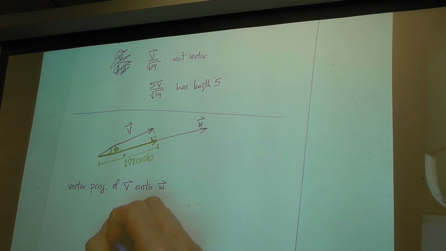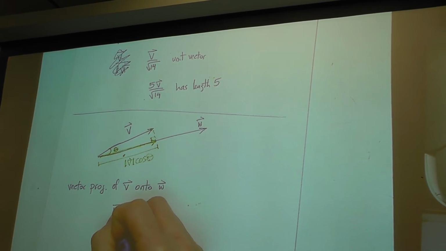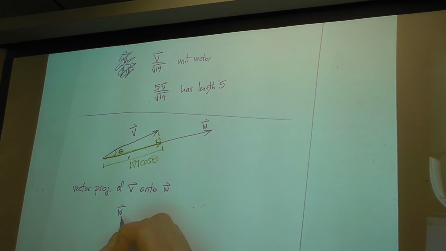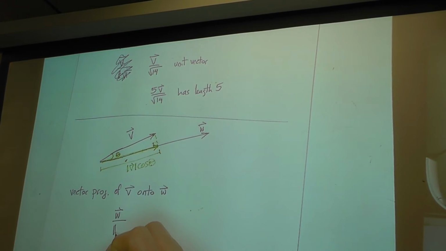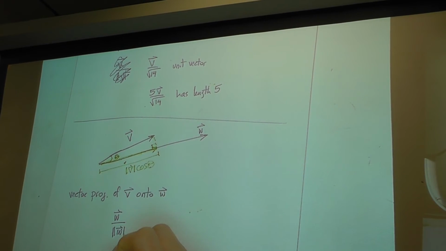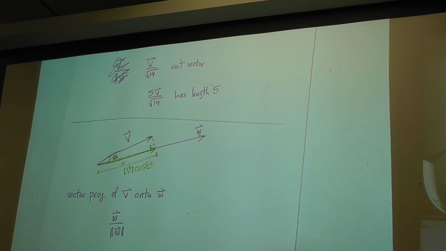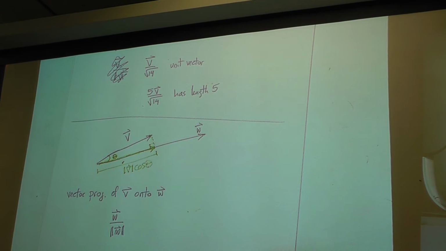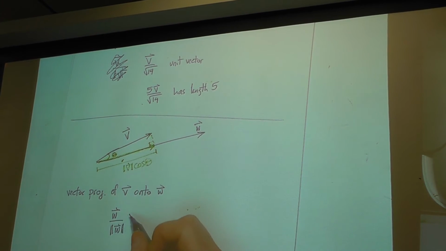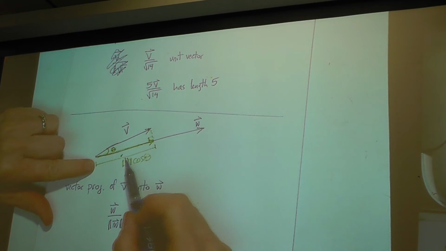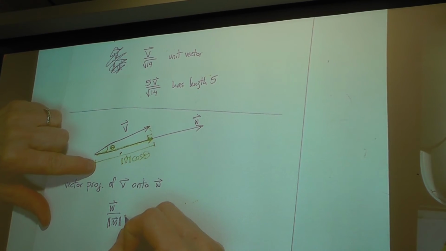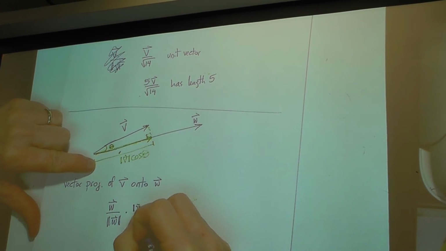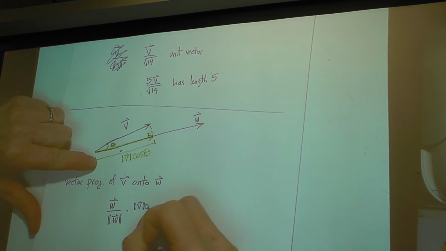So what I'm going to do is take W, divide it by the magnitude of W, and that gives me a unit vector. You divide a vector by its magnitude. And then I'm going to multiply this by the magnitude of V cosine of theta.